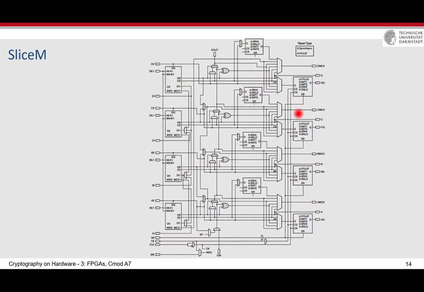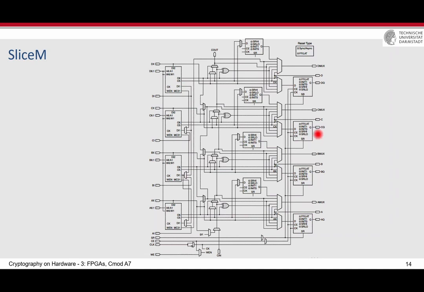There is a clock enable, a clock, D as the input and SR as the set or reset. Keep in mind that you cannot have both set and reset in one flip-flop of the FPGA. Either there is a flip-flop with set or there is a flip-flop with reset.